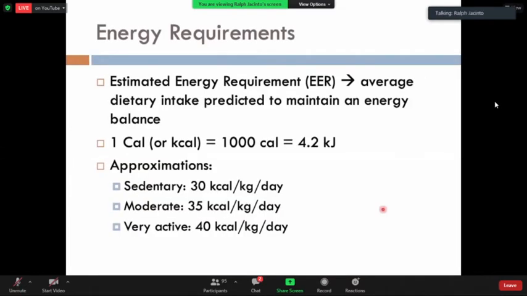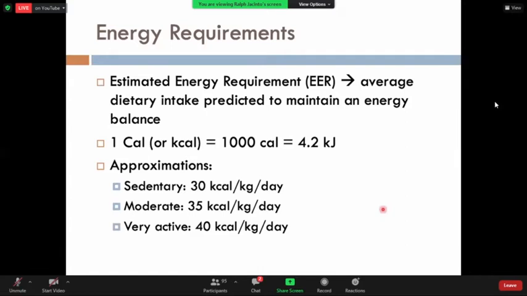Another thing that we look at in nutrition is computing for the requirements. Number one, we compute the estimated energy requirement. This is the average intake that is predicted to maintain an energy balance, what we require in order not to have any deficiency or excess in calories.